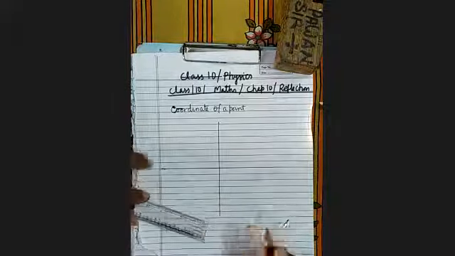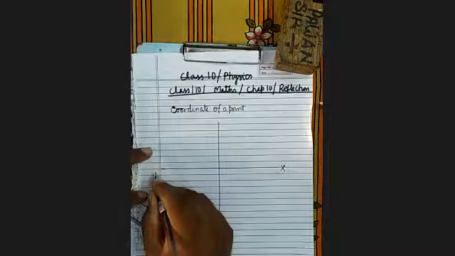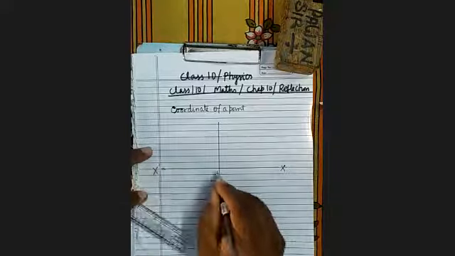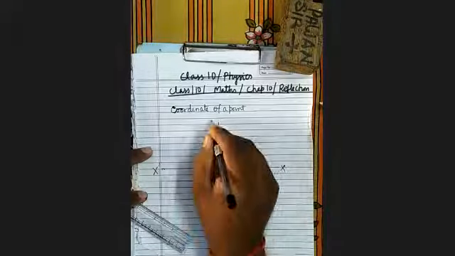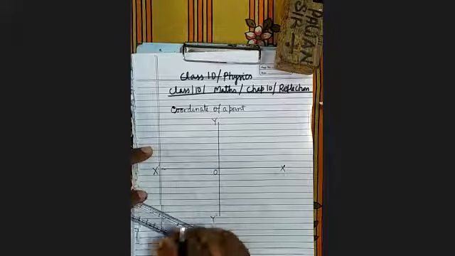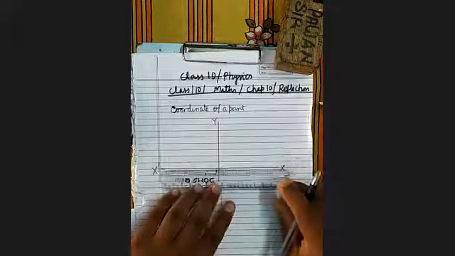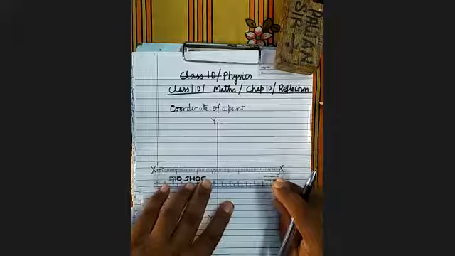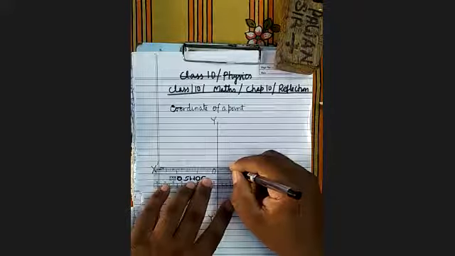Now see here, this is called the x-axis. This is called the y-axis. This is the positive side of the x-axis. I am making the point.